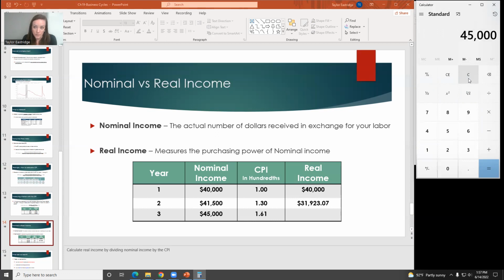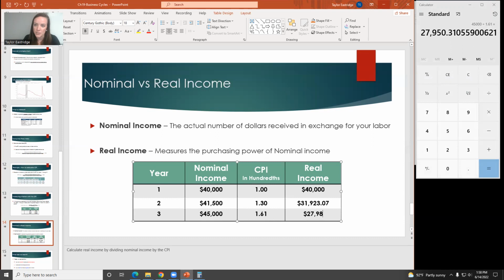Well, we know that inflation was still rising by like 23%. So if I divide my new salary by that CPI that we calculated in hundreds, we can see that my real income, or my income adjusted for inflation, has actually continued to go down.